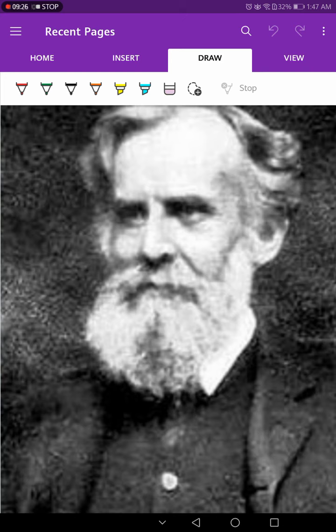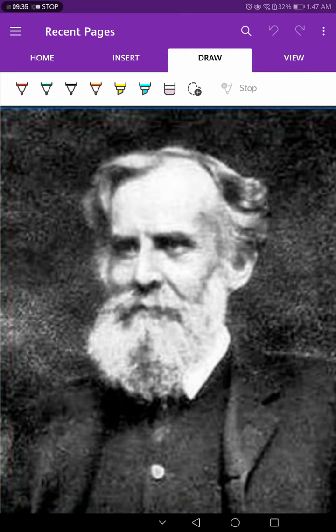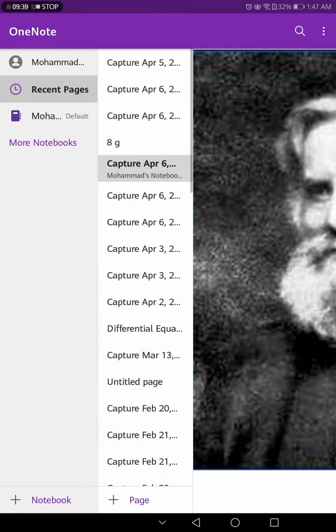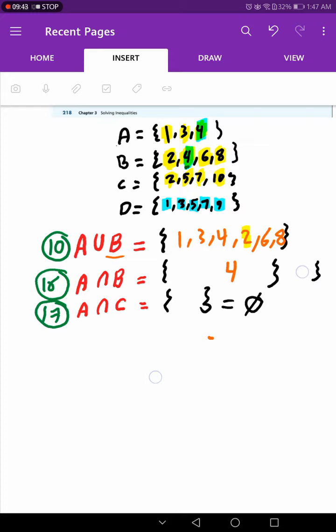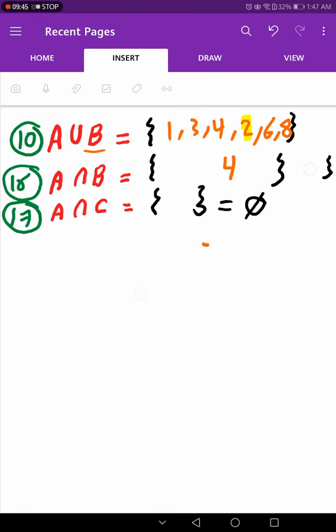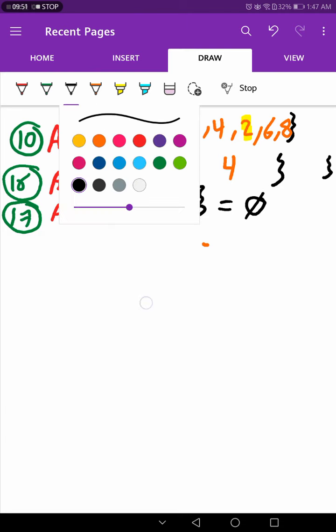Okay, let me give you a brief introduction about Venn diagram. In the last example, if I want to represent A union B by using Venn diagram, you have to do like this, my dear student.